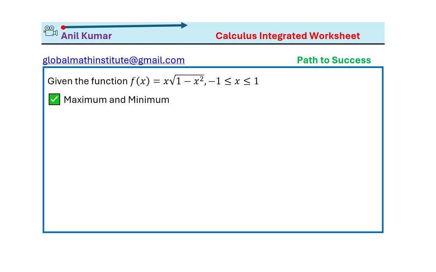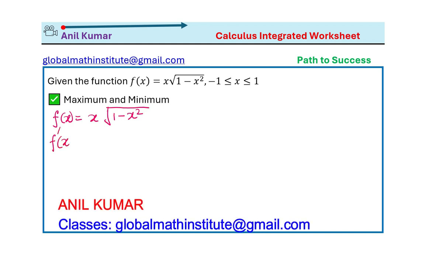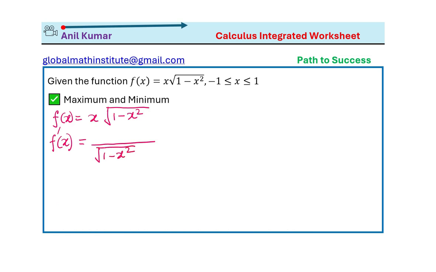So we have this function f of x, which is x times square root of 1 minus x square. And we also now know the derivative, which is, I know square root of 1 minus x square was in the denominator, and in the numerator we had 1 minus 2x square.